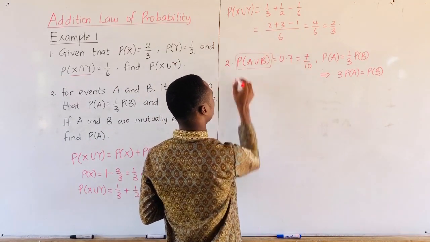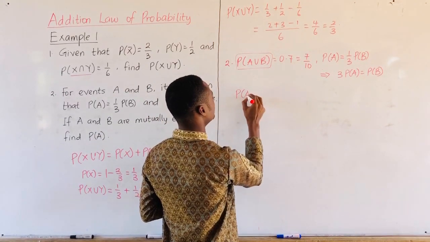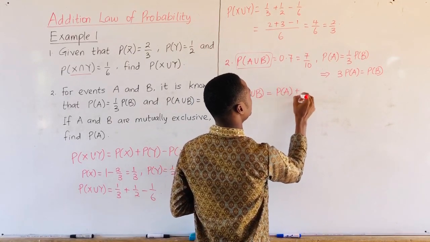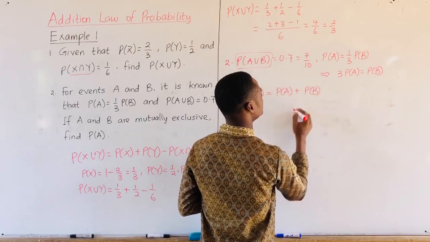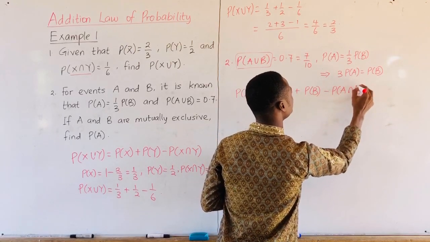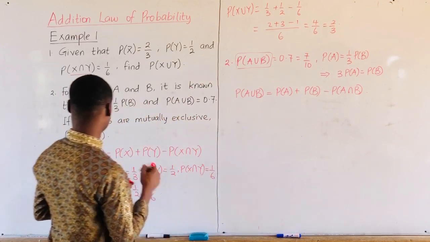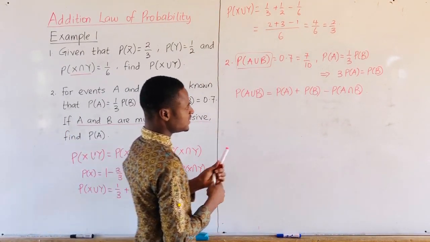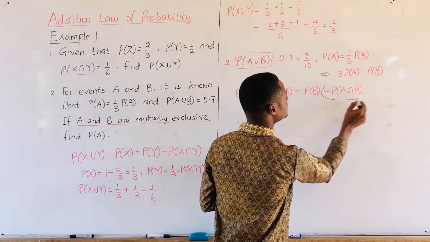Using the addition law, we will say that probability of A union B is equal to probability of A plus probability of B minus probability of A intersection B. But we are told in this question that A and B are mutually exclusive, which means that they have no intersection.